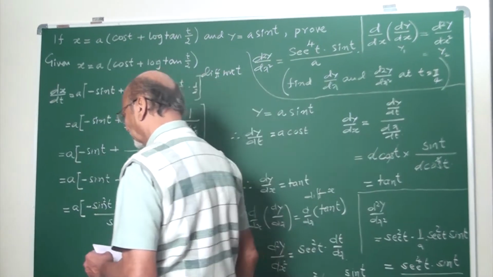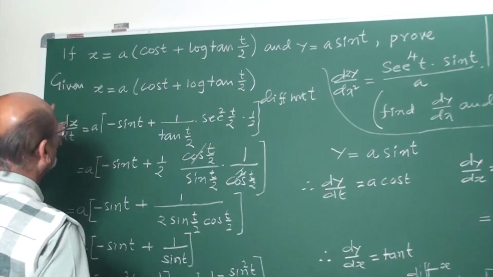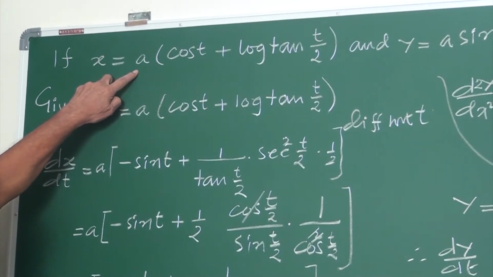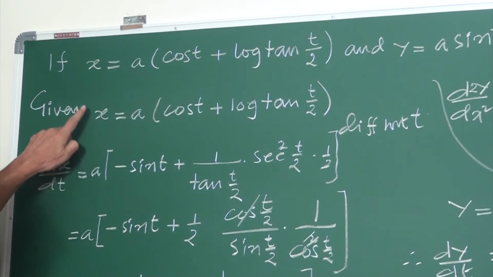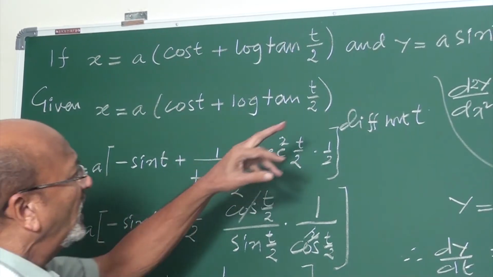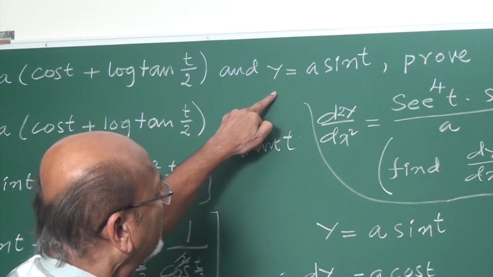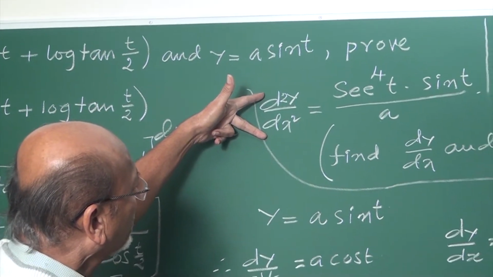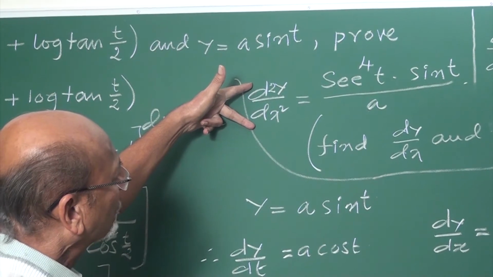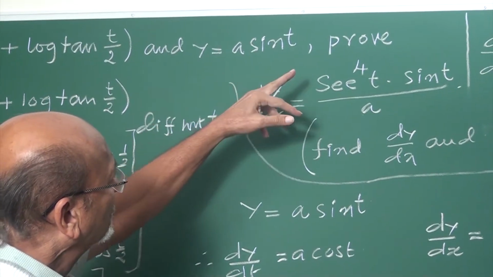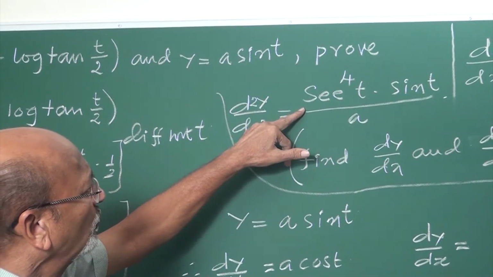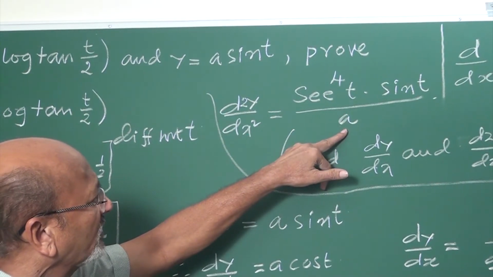What is the example? If x equal to a into cos t plus log tan t by 2, and y equal to a sin t, sometimes they ask only to find d2y by dx2. Sometimes they ask to prove d2y by dx2 equal to sec to the power 4t into sin t upon a.